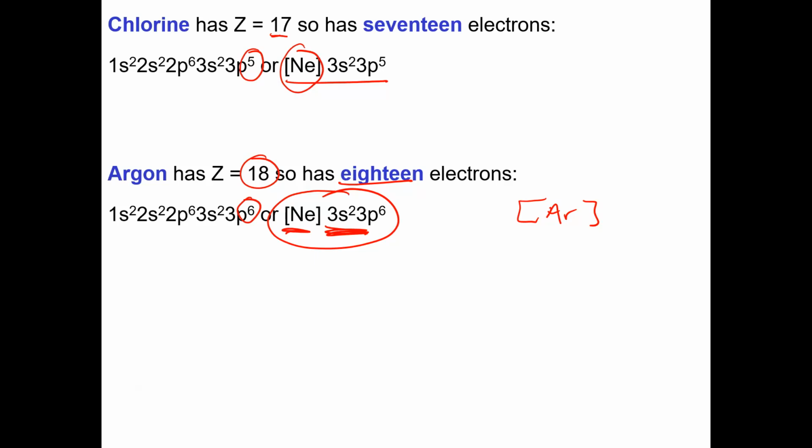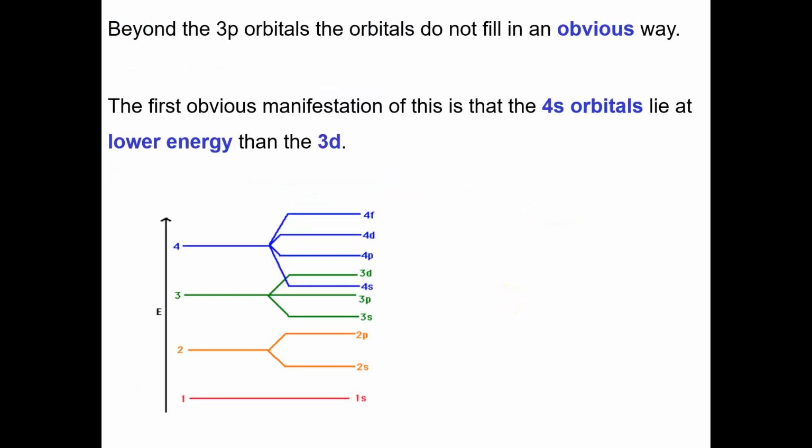Okay, so now we move on to the 4th row of the periodic table, and the question becomes, what comes after the 3p subshell? So beyond the 3p subshell, the orbitals do not fill in an obvious way. In particular, we might expect that the 3d comes after the 3p, but it doesn't.